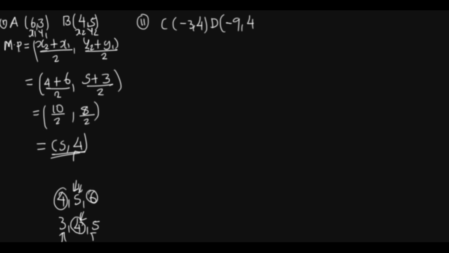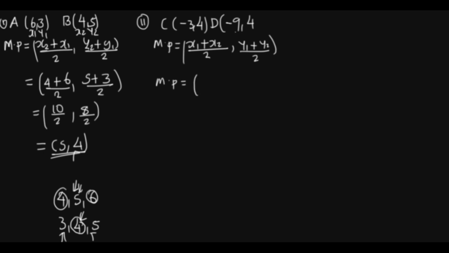Now let's also try to find the Roman number 2. You can also give it a try. So midpoint. So let's say x1 plus x2 over 2, comma, y1 plus y2 over 2.